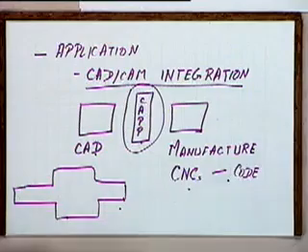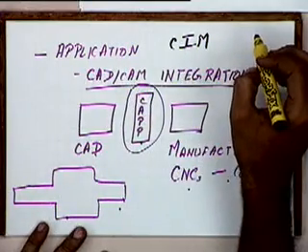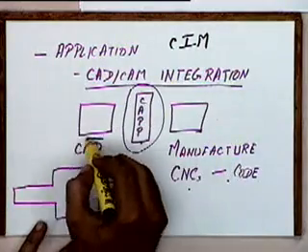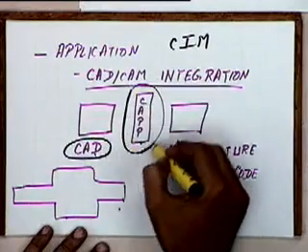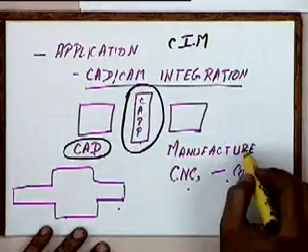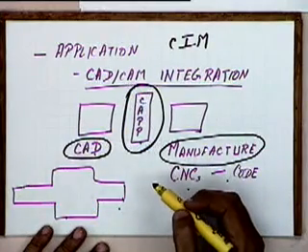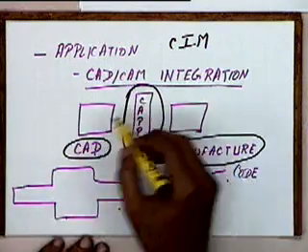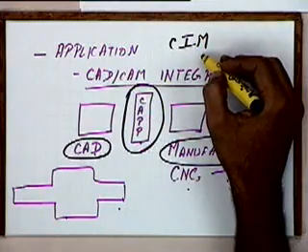In fact, there is a whole area normally referred to as CIM, computer integrated manufacturing. It refers to CAD, to the process plan that is being generated, and to the manufacturing stage. This complete cycle comes as a part of CIM.